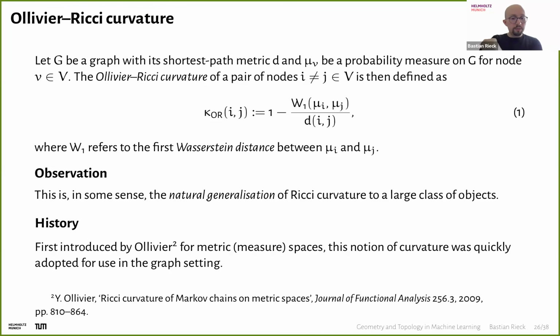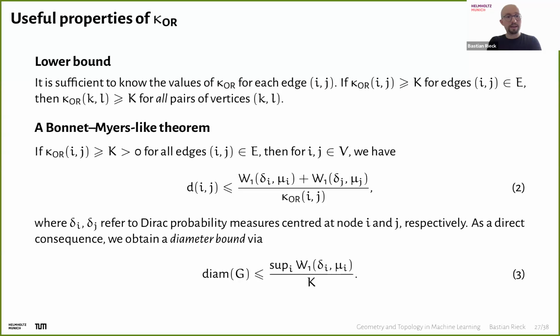This was first introduced by Ollivier for metric measure spaces, but it was quickly adopted and adapted for use in the setting of graphs, because it's extremely convenient and very nice to calculate.